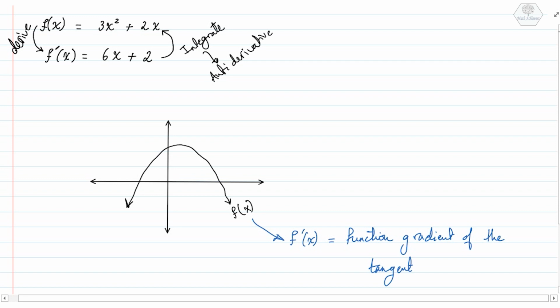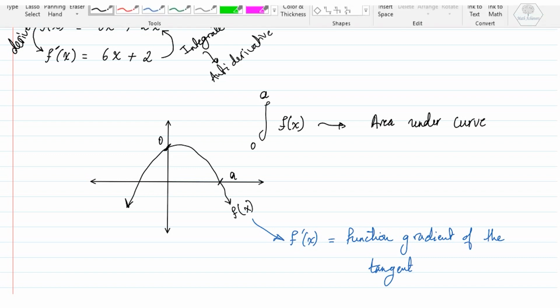But if I want to integrate this function, let's say from x equal to 0 to this point, let's call it a, so if I integrate f of x from 0 to a, I will find the area under the graph or under the curve.